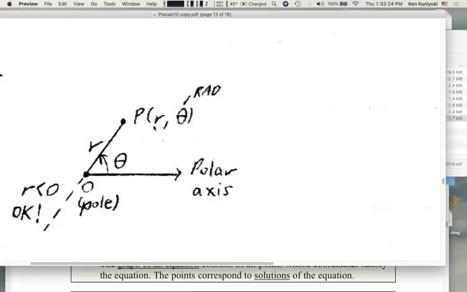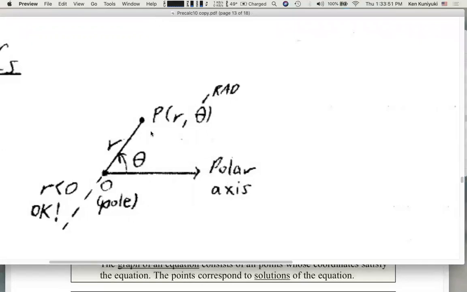By the way, it's not conventional to put these in parentheses the way we do with x and y. So I'm not saying that r always comes first and that theta always comes second, but that's the idea, that we can associate a pair of coordinates with this point. An r coordinate, which is the signed distance from the pole, and a theta coordinate, which is the direction angle. Theta is usually assumed to be in radians.